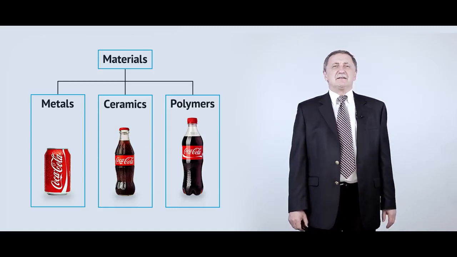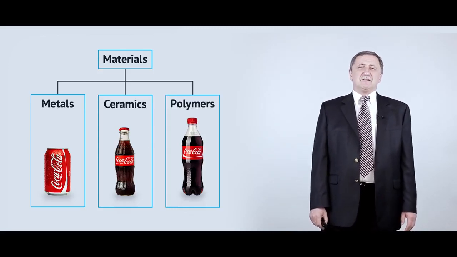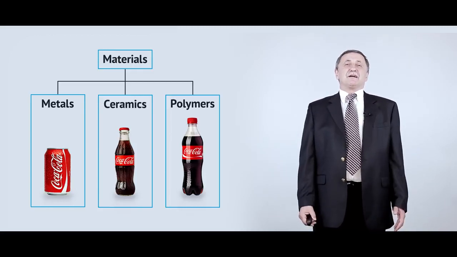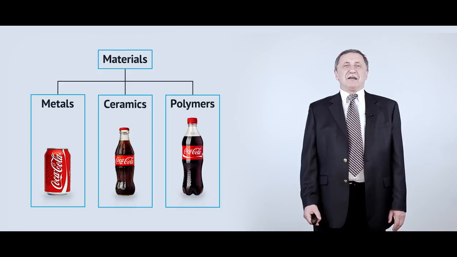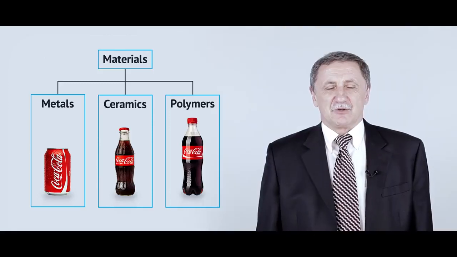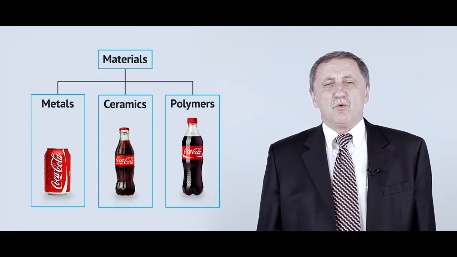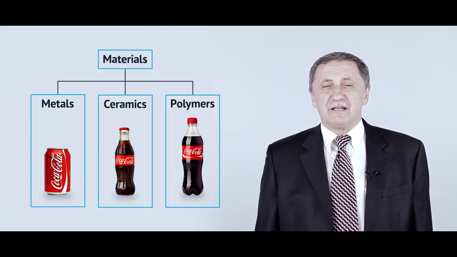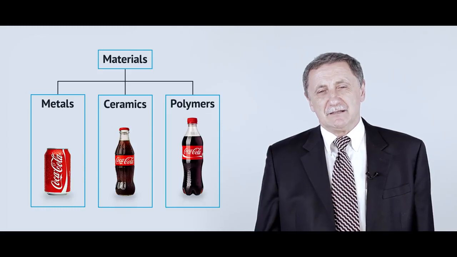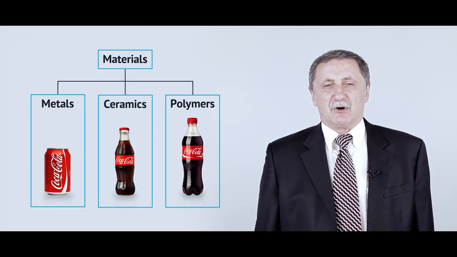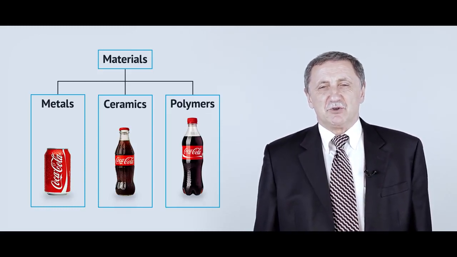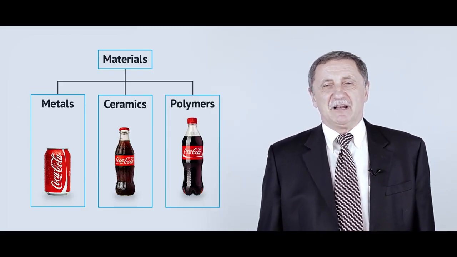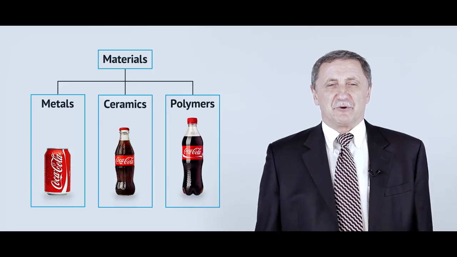If you think a little bit, you will figure out that it depends on where you are, in other words, under what conditions you plan to drink this Coca-Cola. For example, if you care most of all about quality or long-time quality, you will prefer the glass bottles. If you think that you will reuse these bottles for some future applications, I believe polymer bottles will be the best for you.